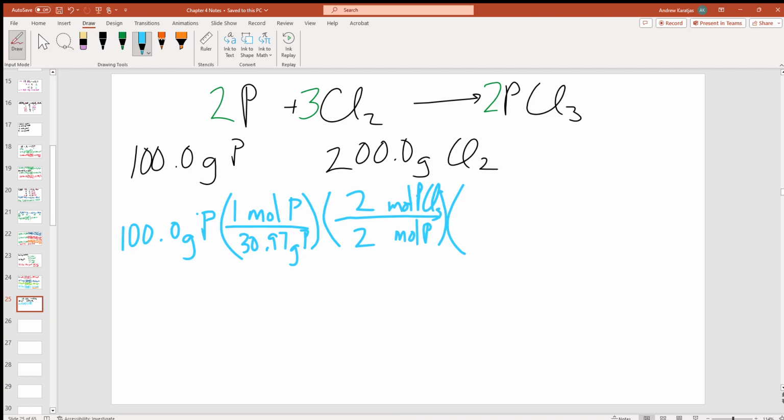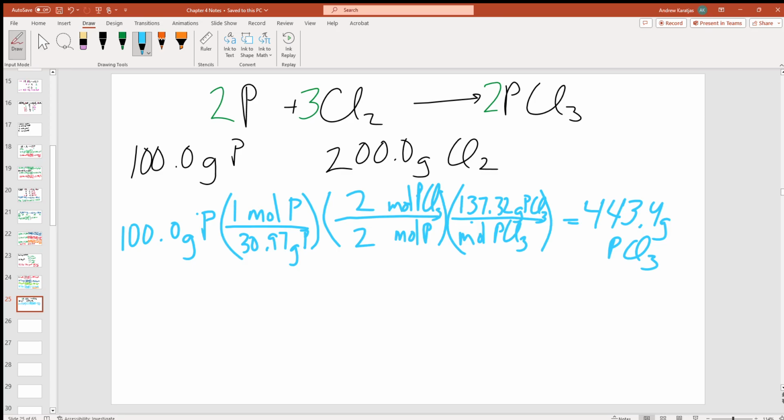And then we can convert from moles of PCl3 to grams of PCl3. And we find that our 100 grams of phosphorus is enough to make 443.4 grams of phosphorus trichloride. Now, that doesn't tell us what's limiting yet, because we've got to do the same calculation for chlorine.